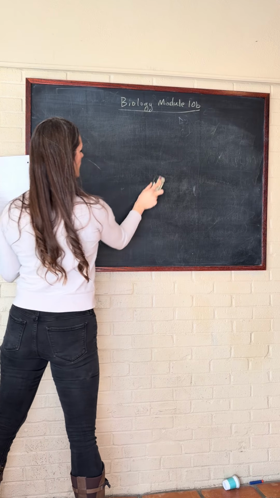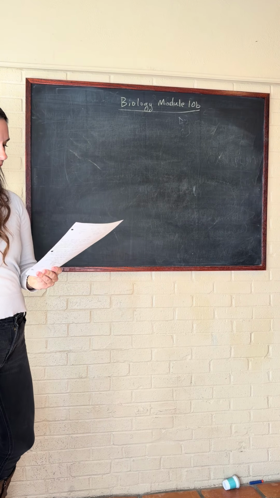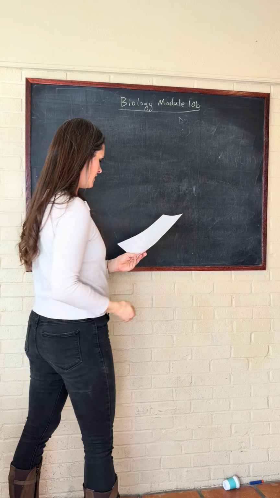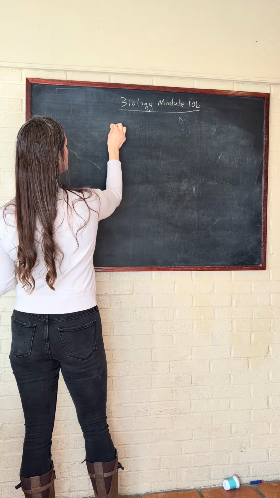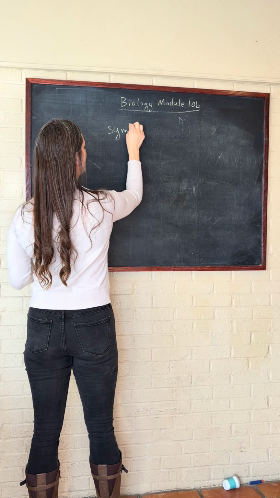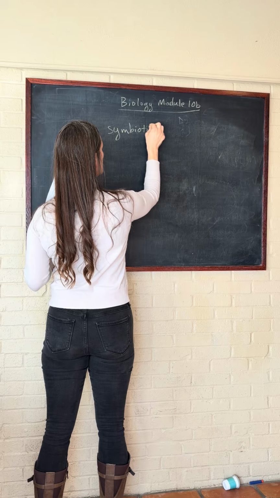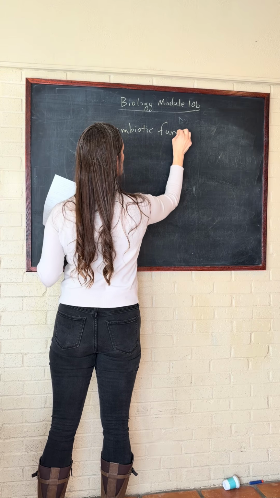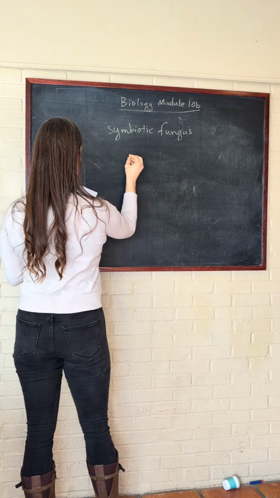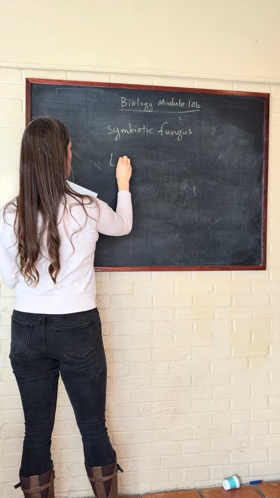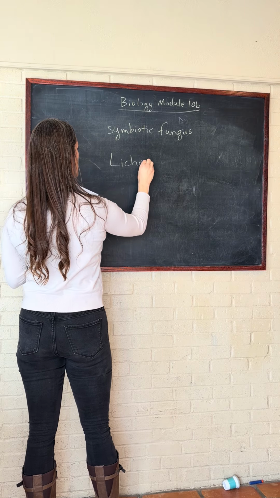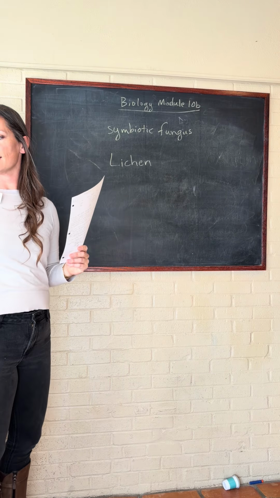of fungi. And there's one more thing I want to mention that definitely is on the quiz, and that is our symbiotic fungi. There's some famous fungi that live in symbiosis with other organisms. The first one is called a lichen. These are on the test.